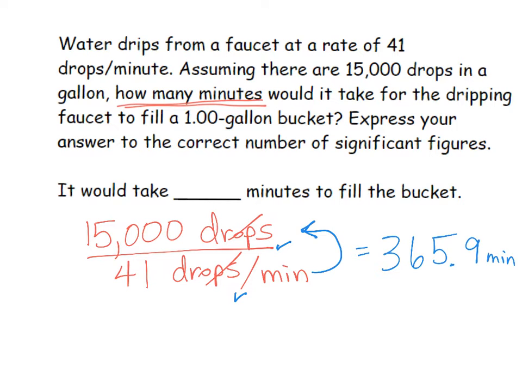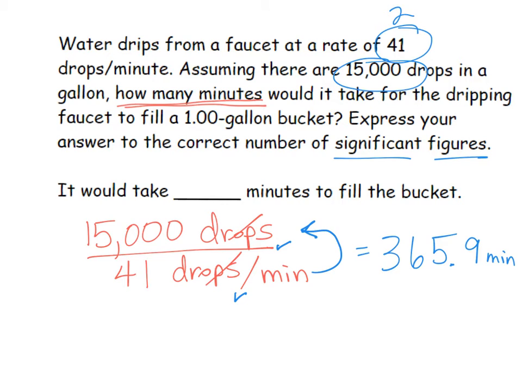All right, so now let's take a look. We've got to get the correct number of significant figures, though. And this one's not a multiple choice, so we want to pay real close attention and make sure that we get this right. Okay, I'm looking at the 41. How many significant digits are in 41? 2. And now I'm looking at the 15,000.